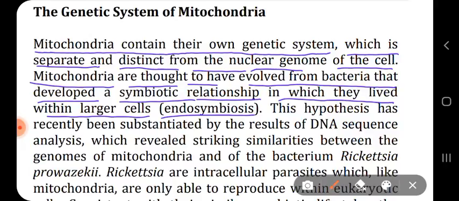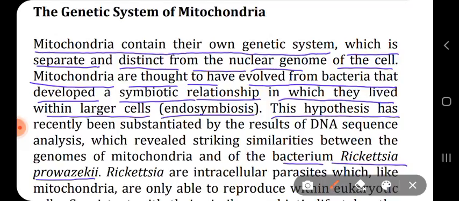It has been observed that the genome of the mitochondria is quite similar to that of the bacterium Rickettsia prowazekii. So there is some confirmation that mitochondria may have evolved from Rickettsia prowazekii, which entered the eukaryotic cell and formed a symbiotic relationship with that larger cell.